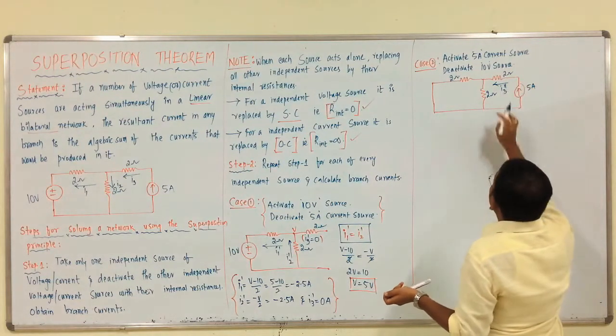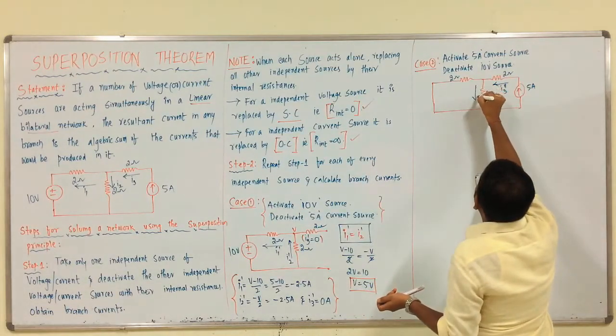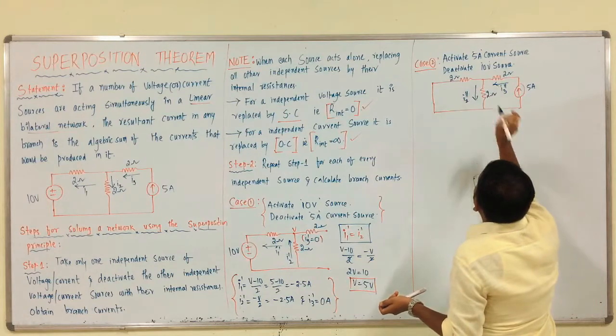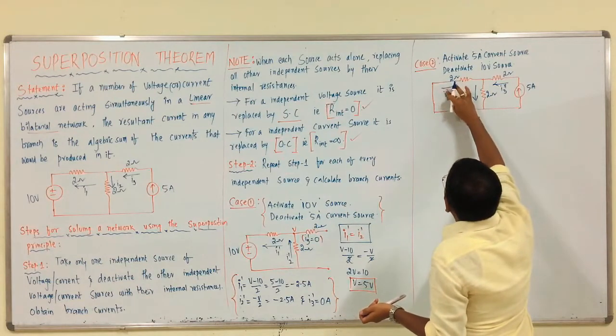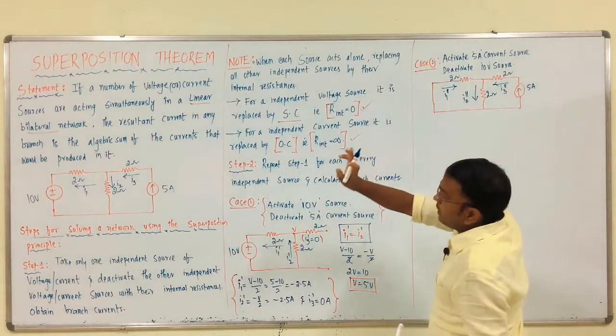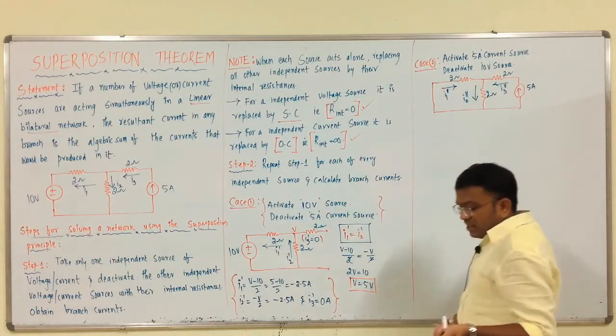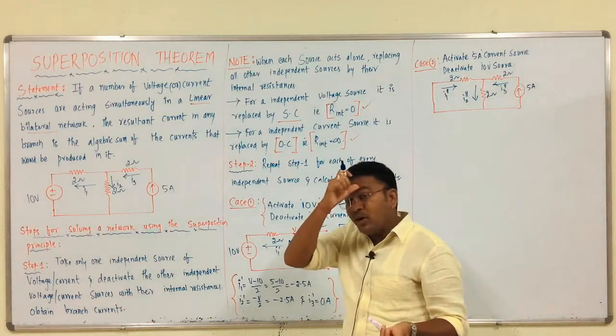Here I am considering the same direction as in the main circuit, that is I2 double dash. Now, it is I1 double dash. Here I am considering the current direction of I1 double dash opposite to that of the main circuit. The current direction is our wish. This is a very important point to note.